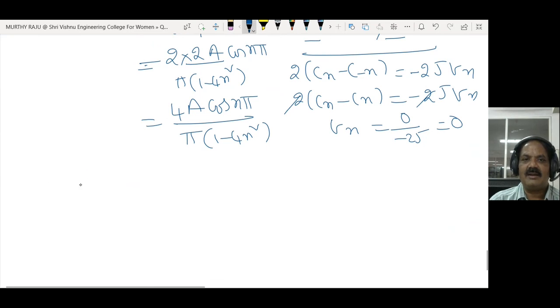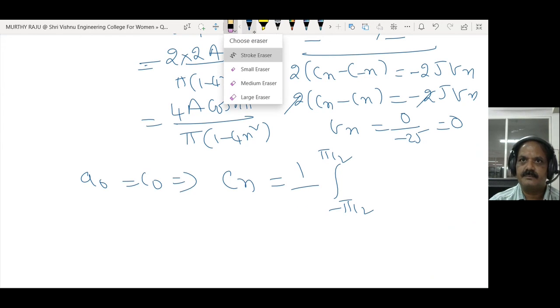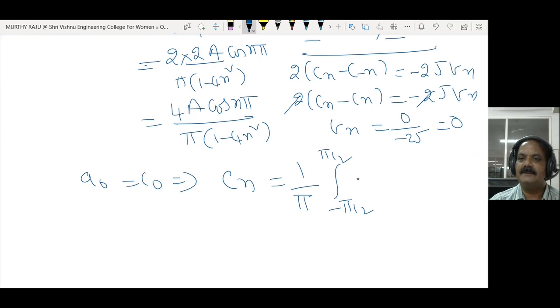But next find out A0, which is C0. We know that Cn is equal to 1 by T0, integral from minus pi by 2 to plus pi by 2, where T0 is pi, of x of t e power minus j n omega naught t dt.